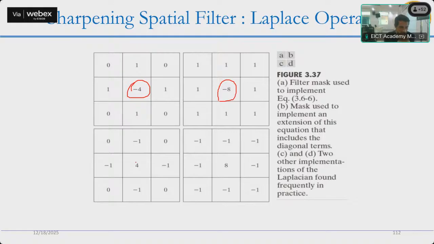Another way is to take 4 at the center and -1 at the other values. In both cases it will lead to sharpening. Another way to implement is to take this one as 8 and the other values as -1. It is all about the neighbors. It is the same thing; either way you can implement.